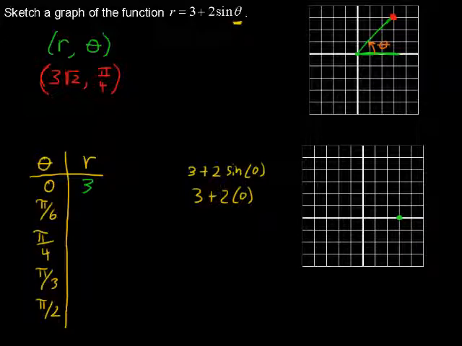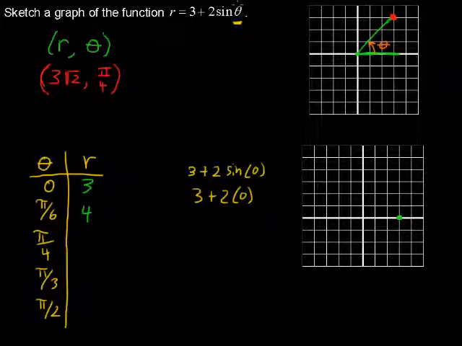Now, you could do the same thing when you're plugging in these points. You've got pi over 6 radians. So 2 times sine of pi over 6 radians, and then plus 3. Well, that equals exactly 4. And then I'm just going to write these down.